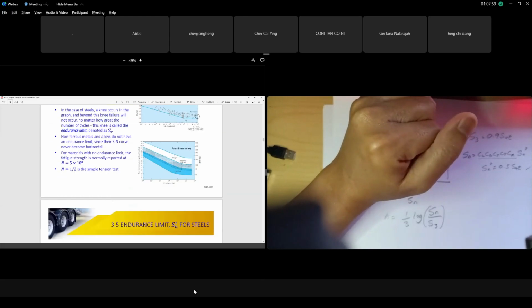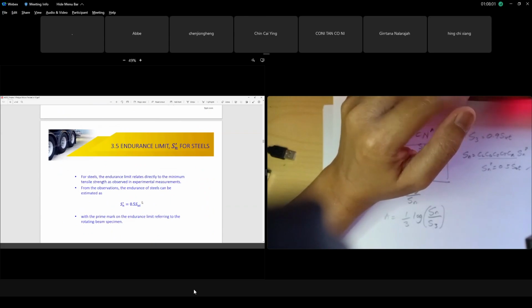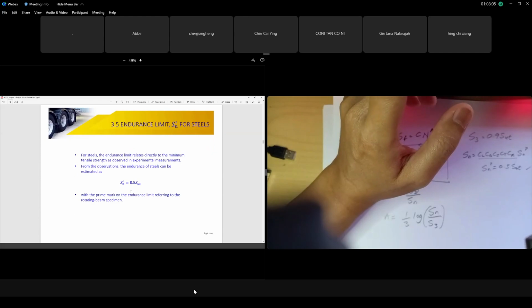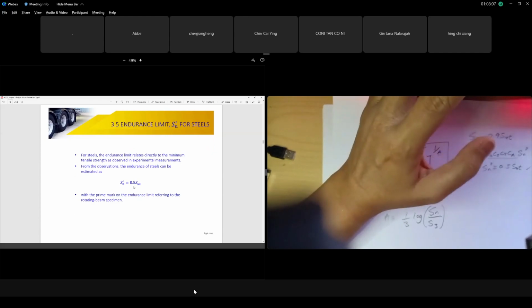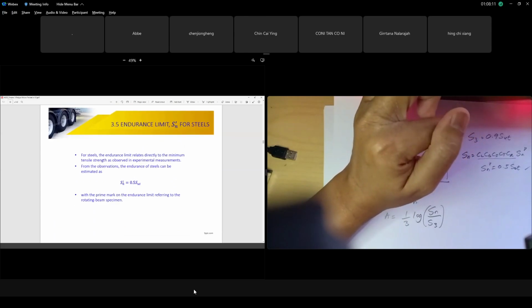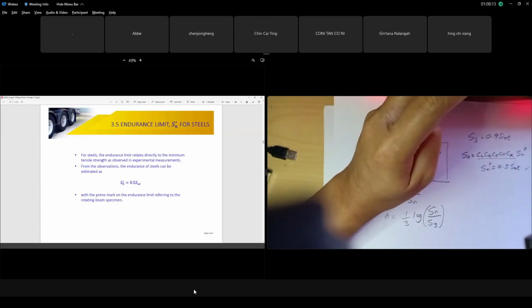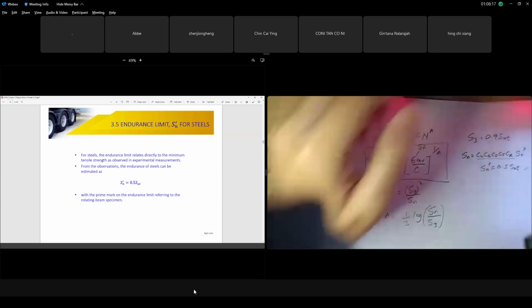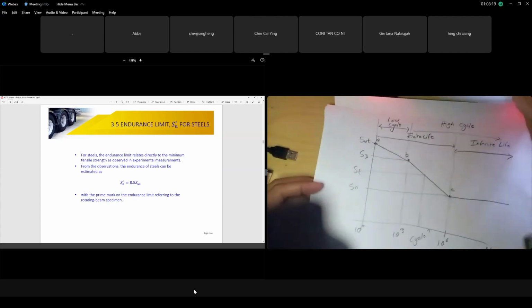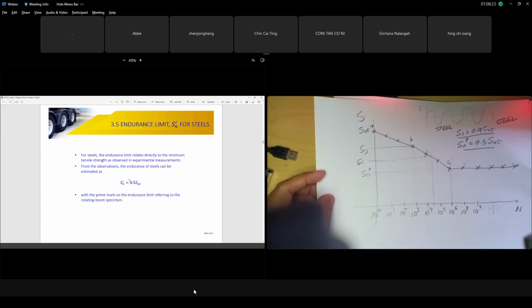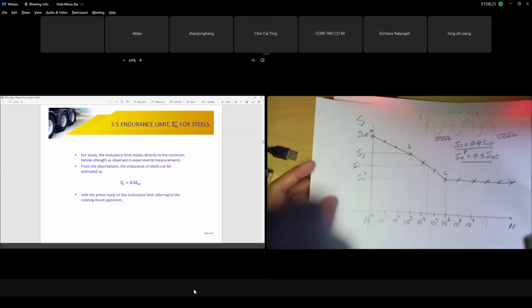If you look on the slide, I already mentioned to you, SN prime for steel is 0.5 of the ultimate strength. The standard test is already done, where they found that the standard SN prime is 0.5 SUT. What is SN prime? The standard test, the RR Moore test, the specimen test, 0.5 SUT.